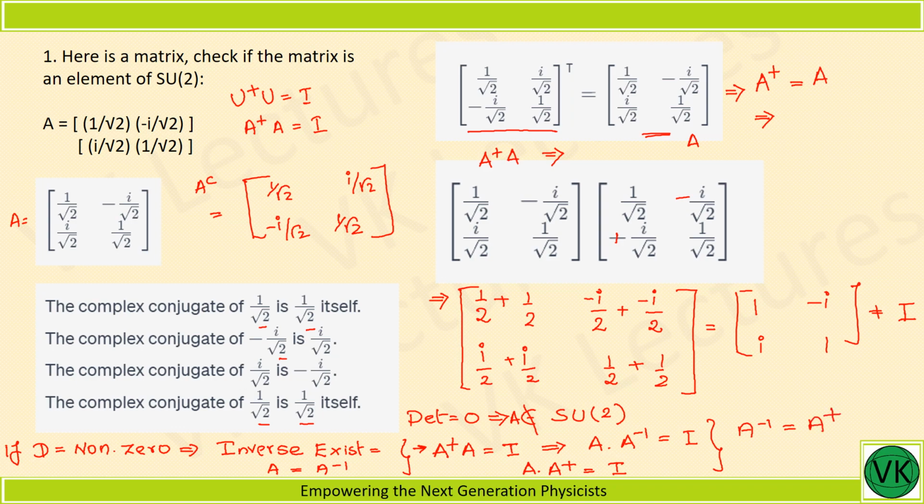And the inverse is itself this one, because we already know that A dagger equals A, but this does not exist because the determinant is equal to 0. Since the determinant is 0, there is no inverse. So we can say that A dagger A is not equal to I because it is not the inverse. Okay, so that's regarding this question.